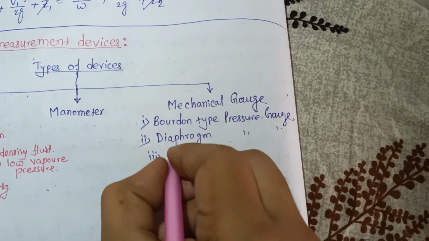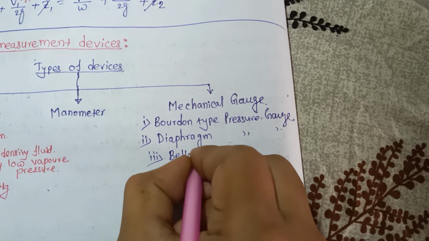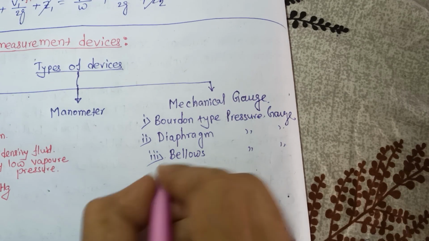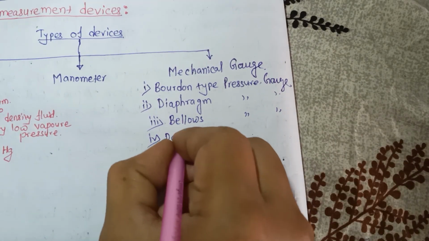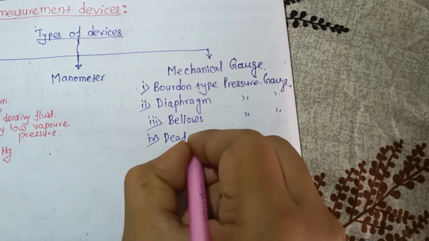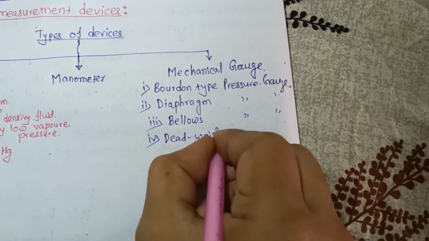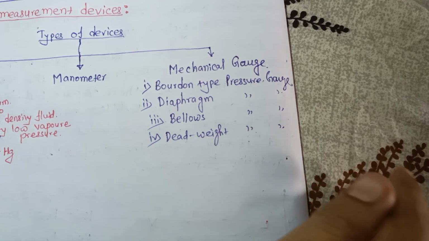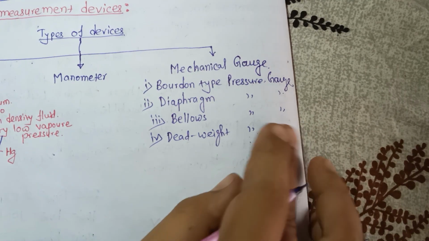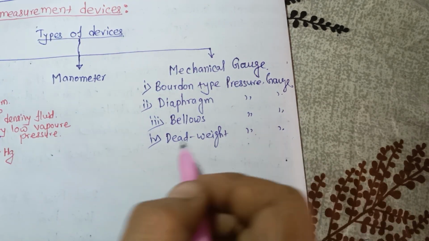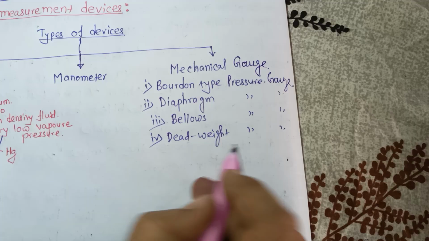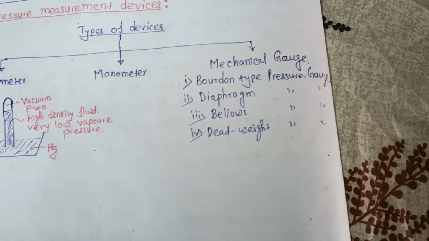Third is the bellows pressure gauge, and fourth is the dead weight pressure gauge. So the four types of mechanical gauges are the Bourdon tube pressure gauge, diaphragm pressure gauge, bellows pressure gauge, and dead weight pressure gauge.